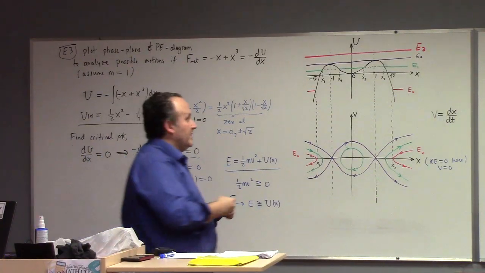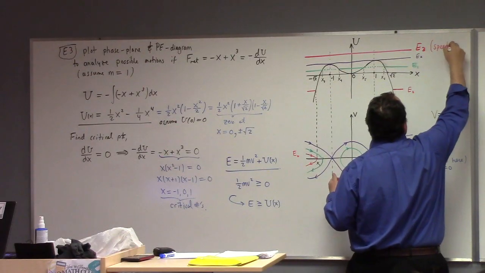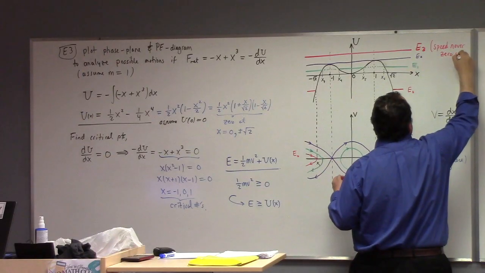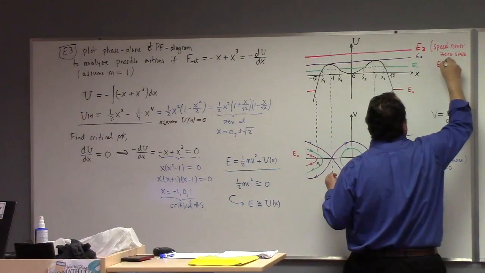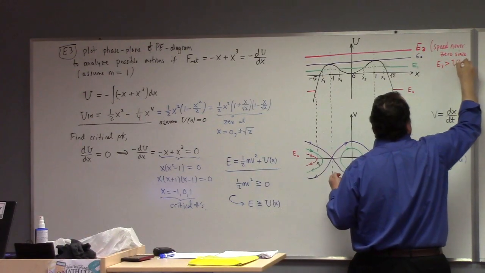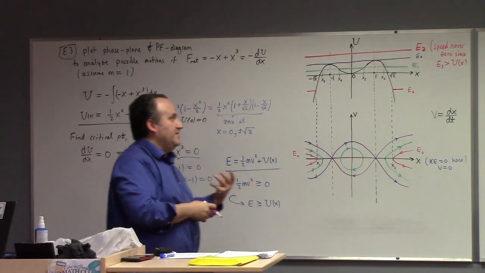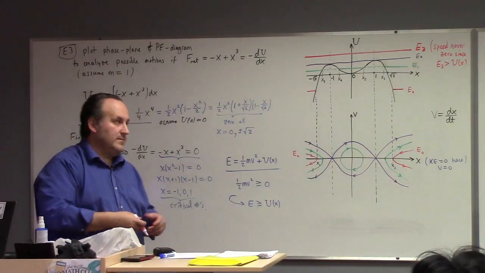The speed is never zero, since E3 is always strictly greater than U of x. Right? The total energy, E3, is always larger than my potential energy.